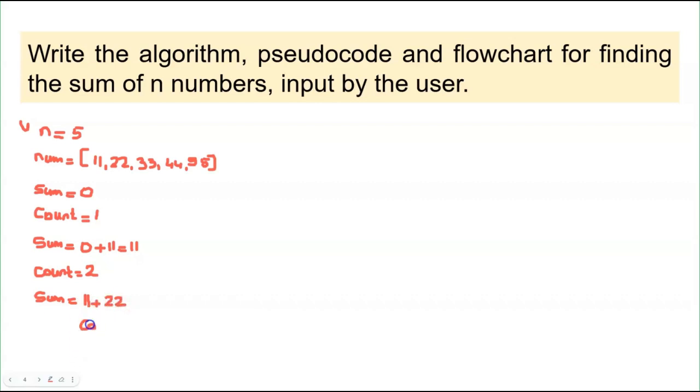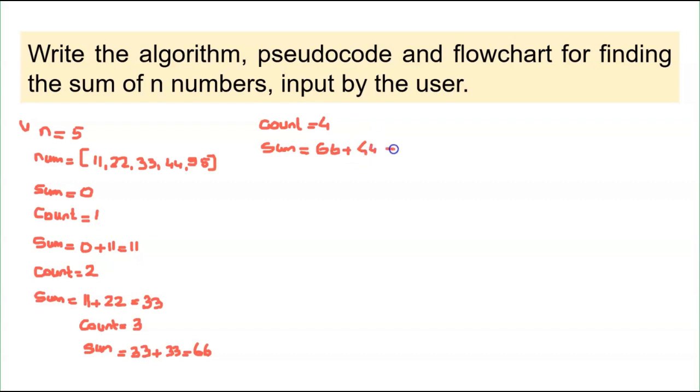Then I will make count equal to 3, and then the sum will be the previous sum, 33, plus the new number, which is also 33. So it will be 66. Then I will again increment the count to 4, and sum is equal to previous sum plus the next number 44.